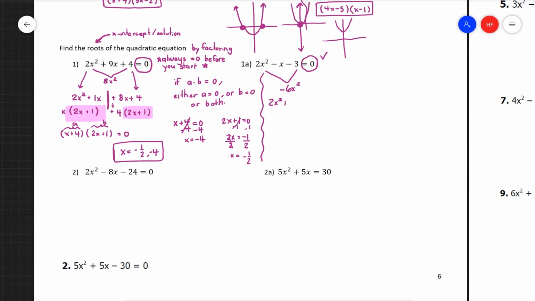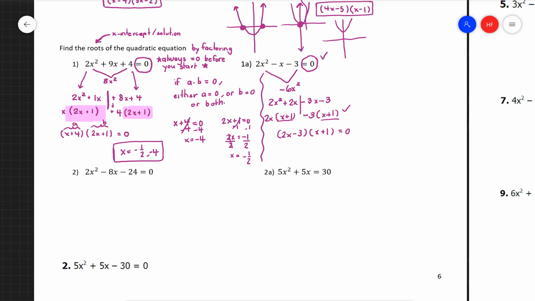So 2x squared plus 2x minus 3x minus 3. Cut the problem in half, find the GCF on both sides. 2x, x plus 1, minus 3, we pull out that negative, and then x plus 1, they are the same. That's my checkpoint.